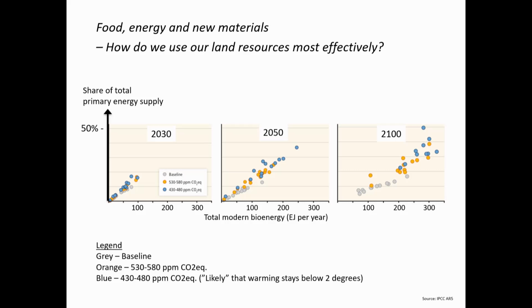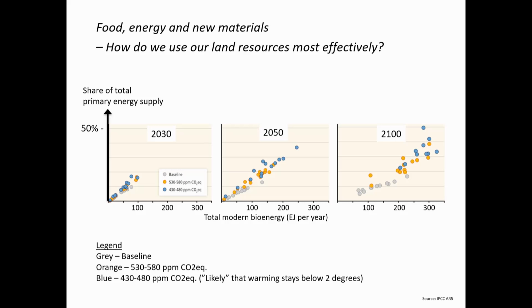So what you see here, if you move over time, is that the contribution of biomass to the energy system increases. In particular, if we go more ambitious when it comes to reducing warming, you have more and more biomass over time. As you can see, the blue is generally representing a larger supply than the orange, and the gray is lowest.